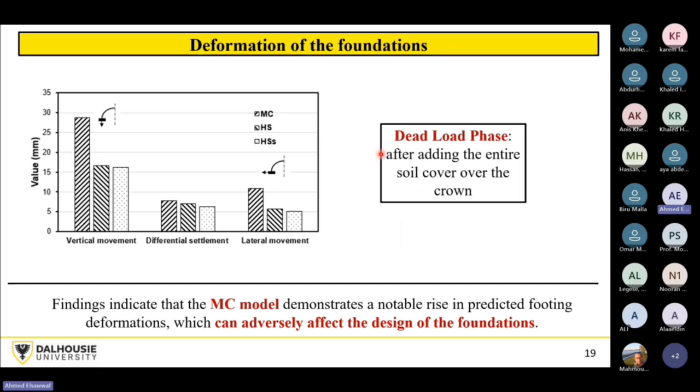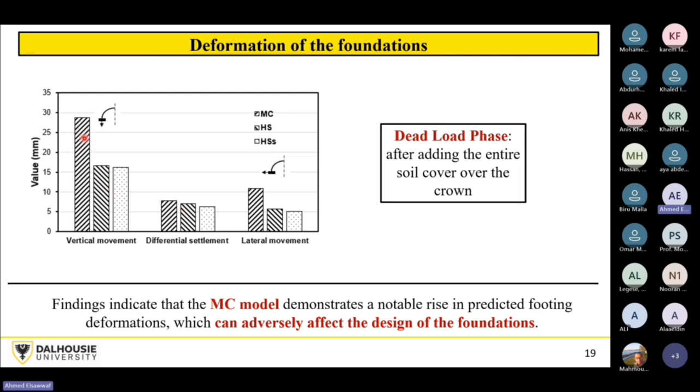Okay, so as many of you may expect, when you look at the deformation of the foundations, for the Mohr-Coulomb model, we have here the value of the movement. We have the vertical movement, differential settlement at each footing, and lateral movement of each footing, as you see here. So the Mohr-Coulomb, as you may expect, is overestimating the deformations.